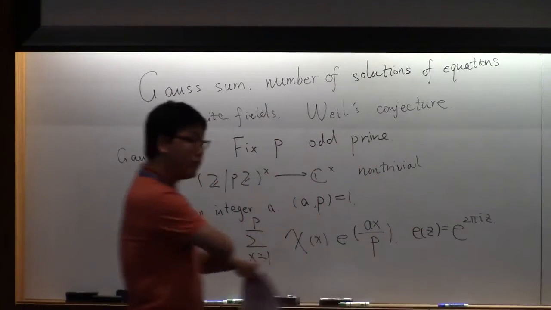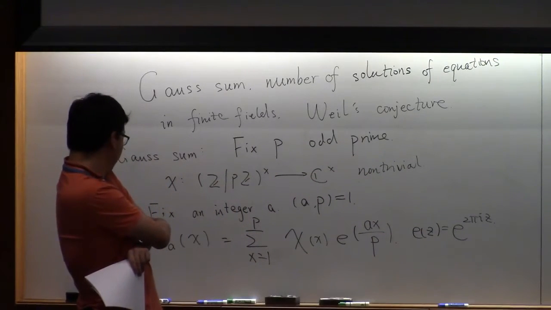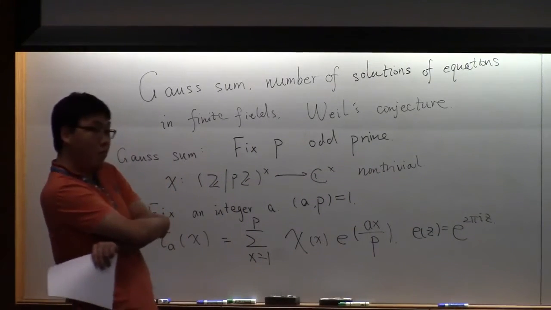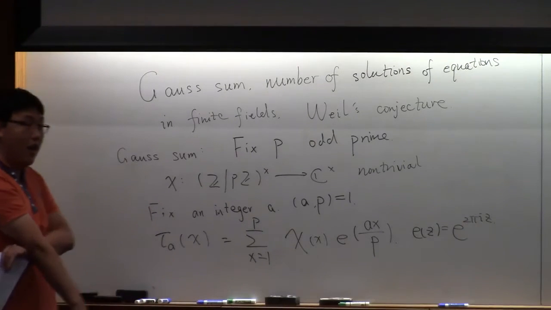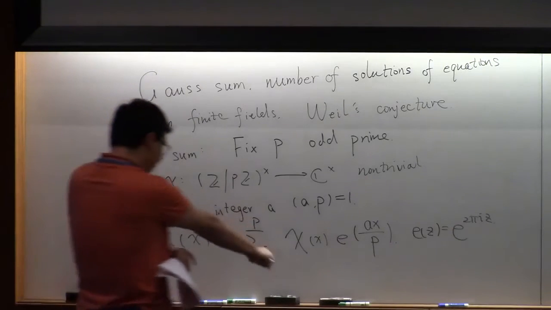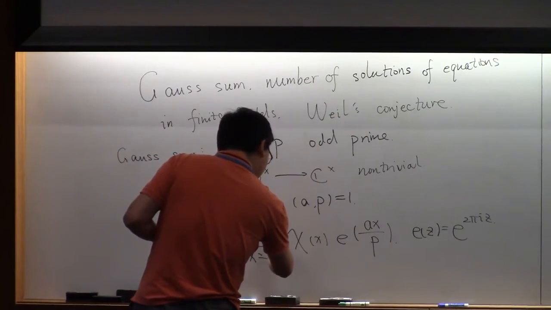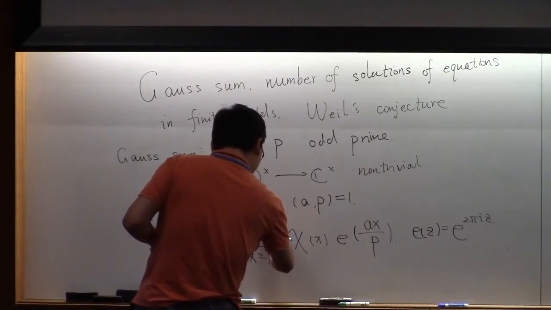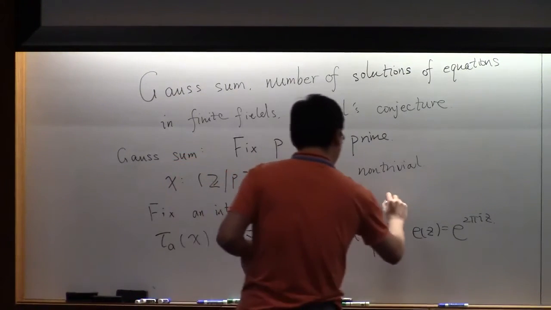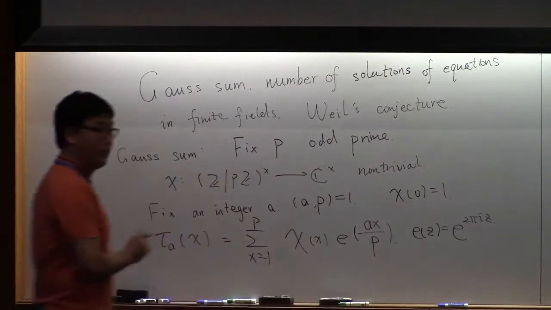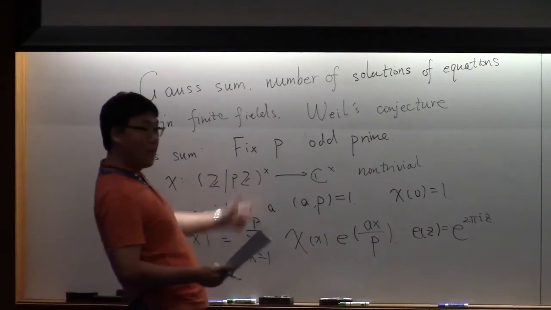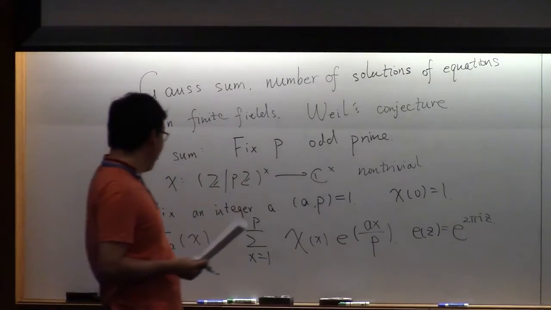Do you mean x goes from 1 to p minus 1, or from 1 to p? It's just all the congruence classes. So, are you assuming chi of 0 is 1? No, it is not defined at 0.